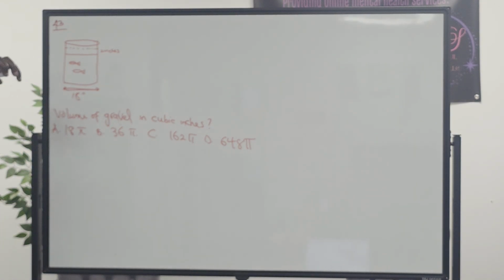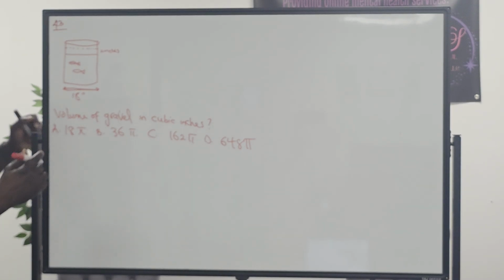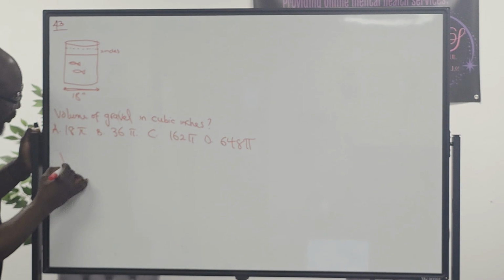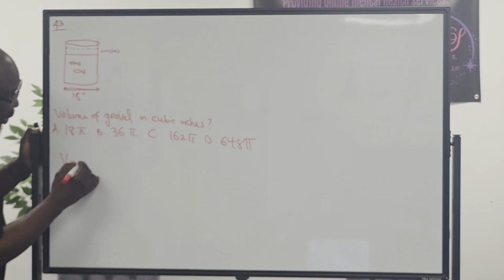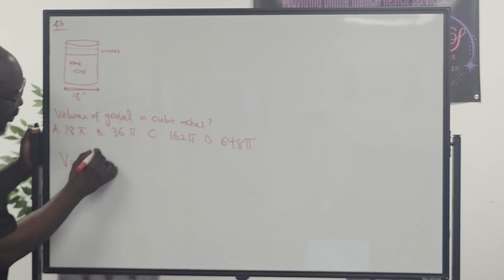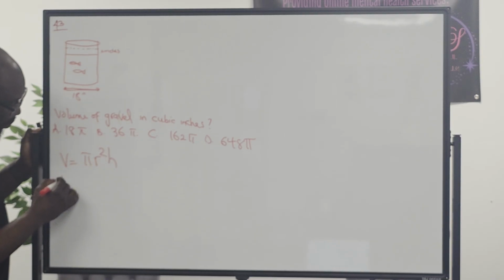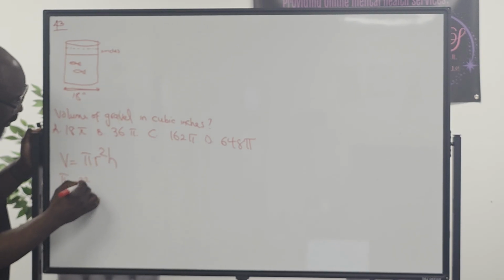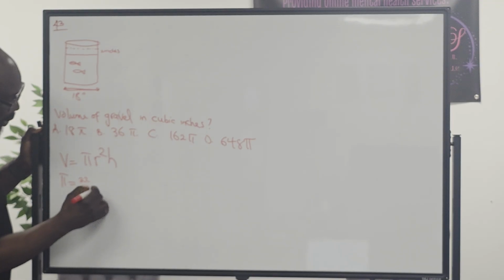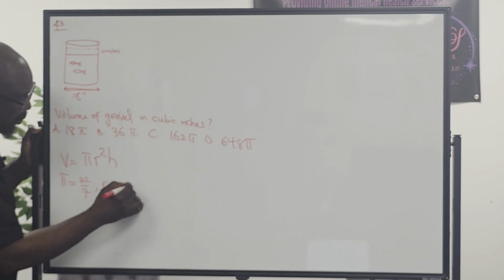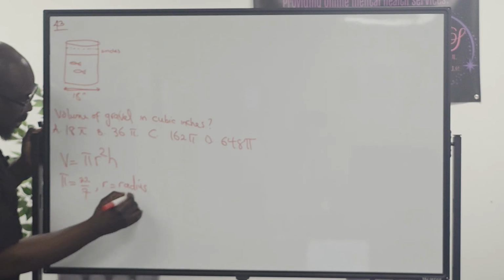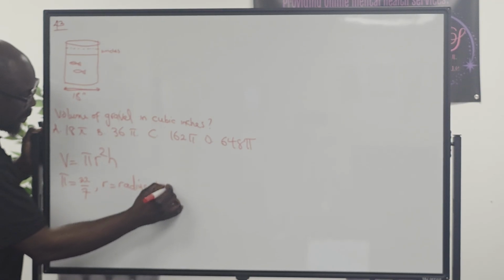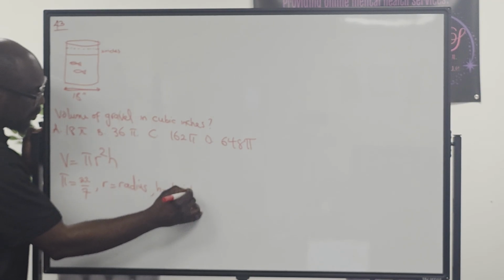So when you put something in water, stone, whatever it is, it's going to rise up. And when it rises up, you can use this formula, the volume of a cylinder is pi r squared h. Pi is 22/7, r is the radius, and h is the height.